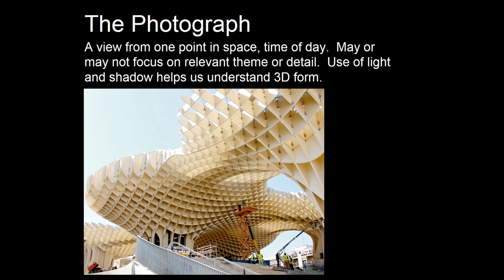This is the parasol that I think is in Spain. I forgot what city it's in. It might be Madrid, but I'm not positive. This is when it was under construction. It's all made of wood. It's a big wooden structure, and it's huge. You can see the scale of people here compared to it. But you can tell that that's going to be a hard thing to understand from this image.